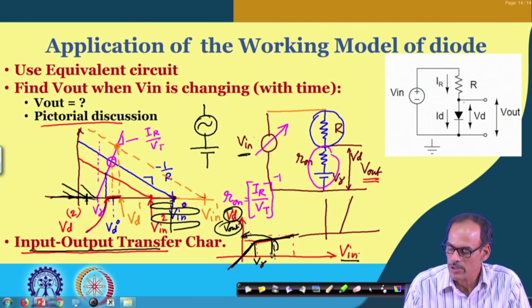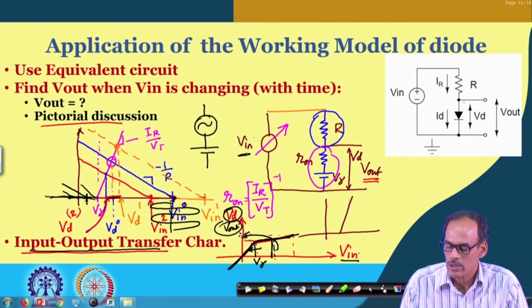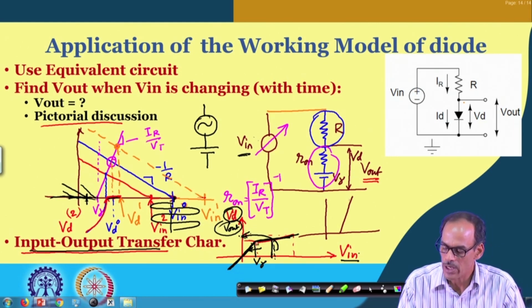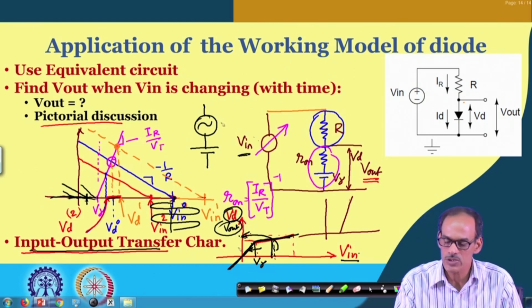On the other hand, if the variation is large enough and the diode enters into the other region of operation, then of course the signal at the output may get distorted because of the highly nonlinear nature. So, for the time being, let me consider a situation where this signal variation is restricted over this linear range.